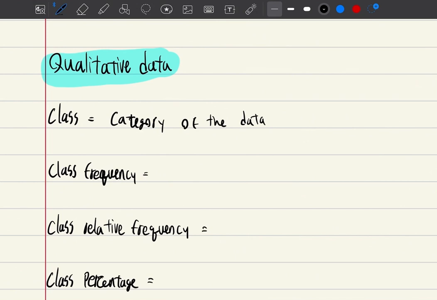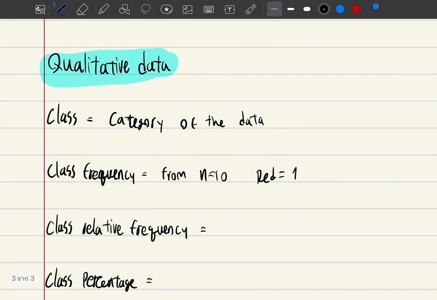For example, from 10 participants, I will write it as n equal to 10. From the participants that choose red as their favorite color, it's going to be red equal to, in this case, 1, for example. So the class frequency for the class red is 1.